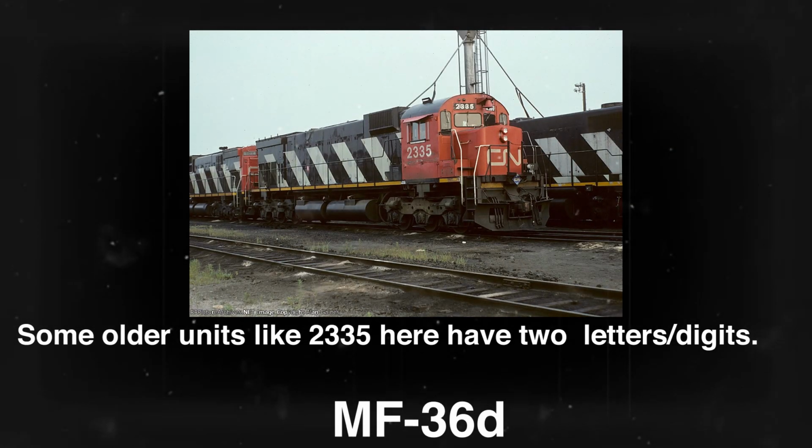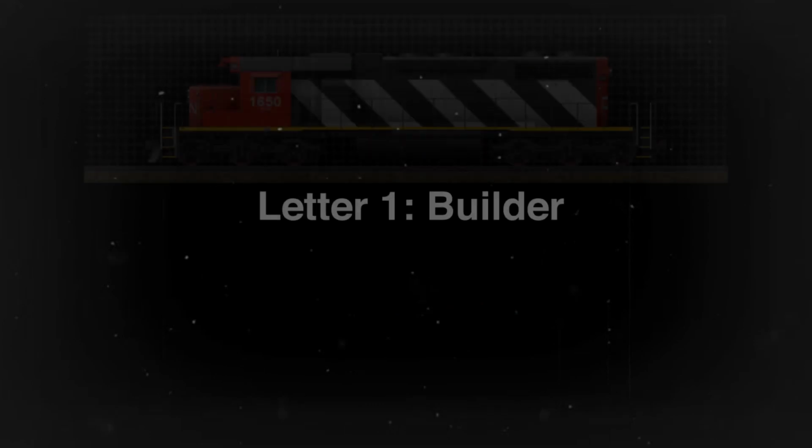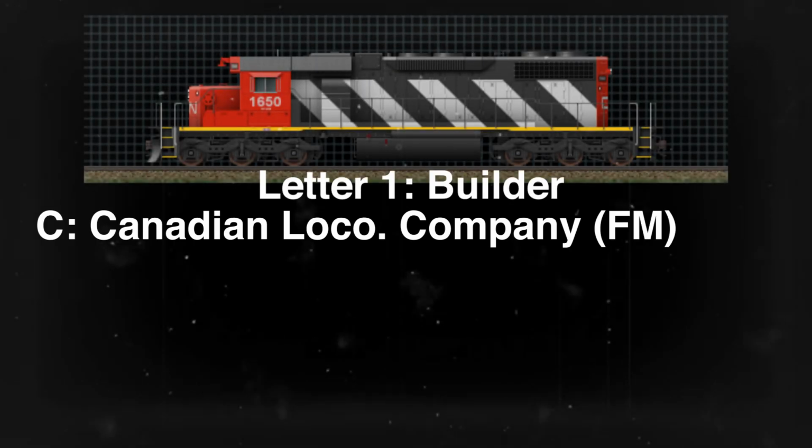Anyways, they have 3 letters, 3 digits, and the last single letter would actually be for the locomotive batches. The first letter would be the manufacturer. C would mean the units were CLC, or Canadian Locomotive Company built, which are basically Canuck-made Fairbanks Morse units.